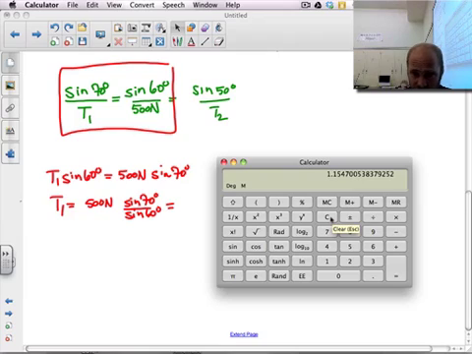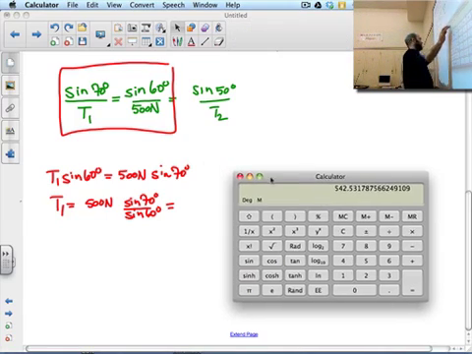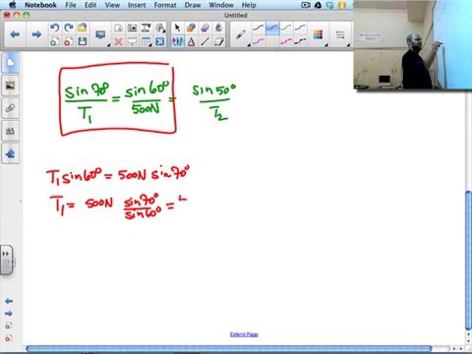And now I'll do the numerator. I'll take 70 degrees and do the sine of that times 500. This gives me 469, but I'll need to multiply by the stuff I had in memory. That gives me 543, roughly. So T1 looks like it's about 543 newtons.